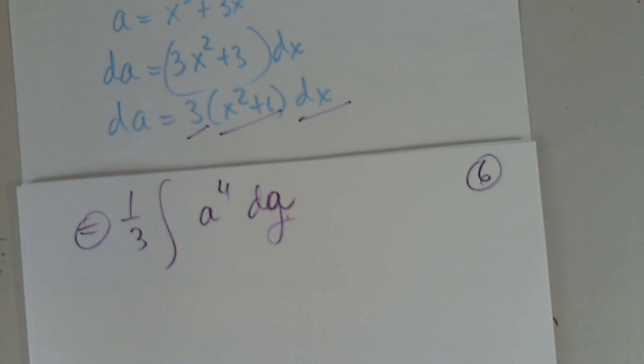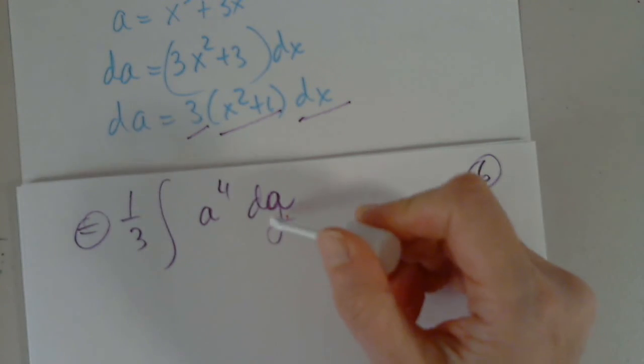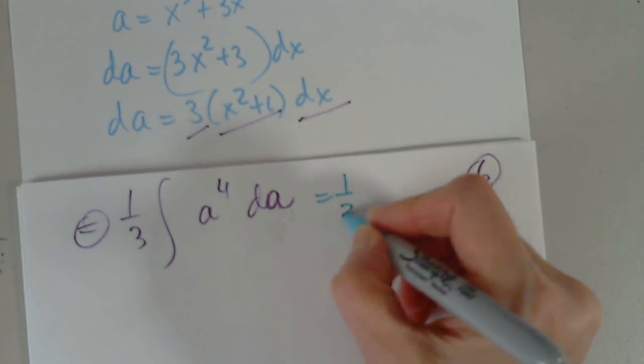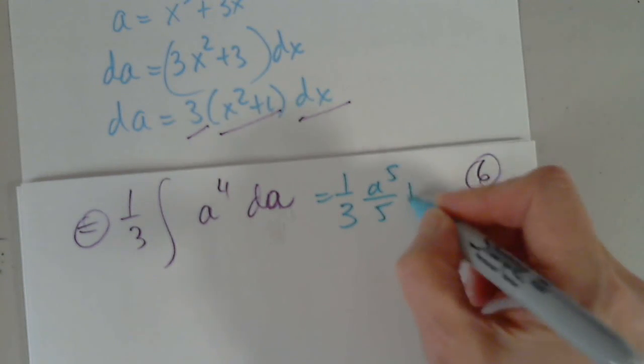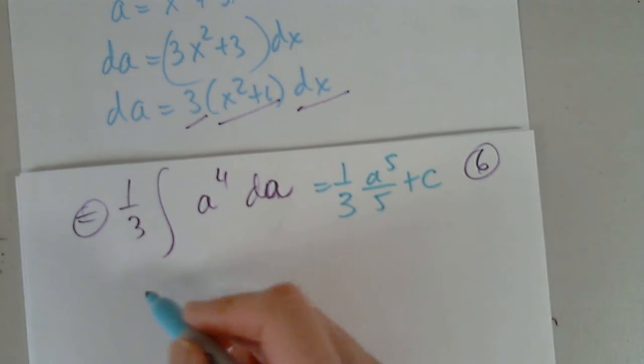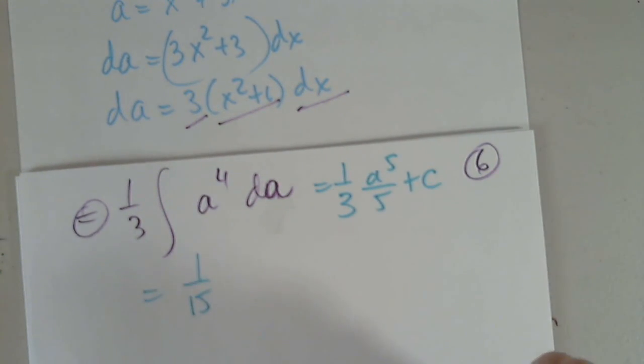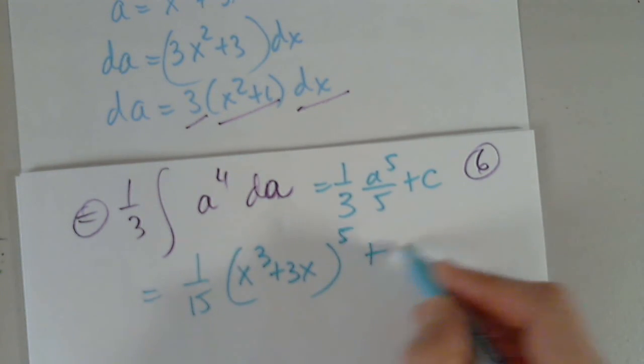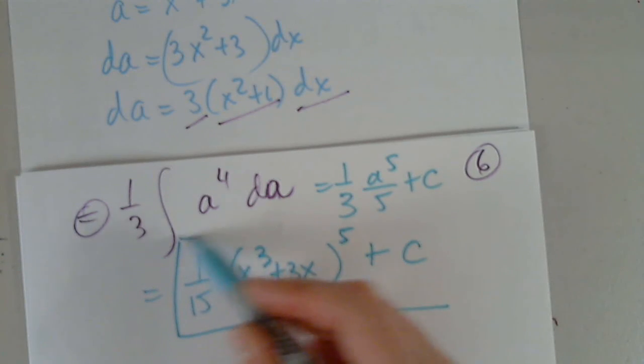I want to show different letters, but look, I go back to y. That's not what I meant. It's dA, of course. Okay, so then, nice and easy. 1/3 a to the 5th over 5 plus a constant c, or 1/15 x to the 3rd plus 3x to the 5th power plus a constant c.